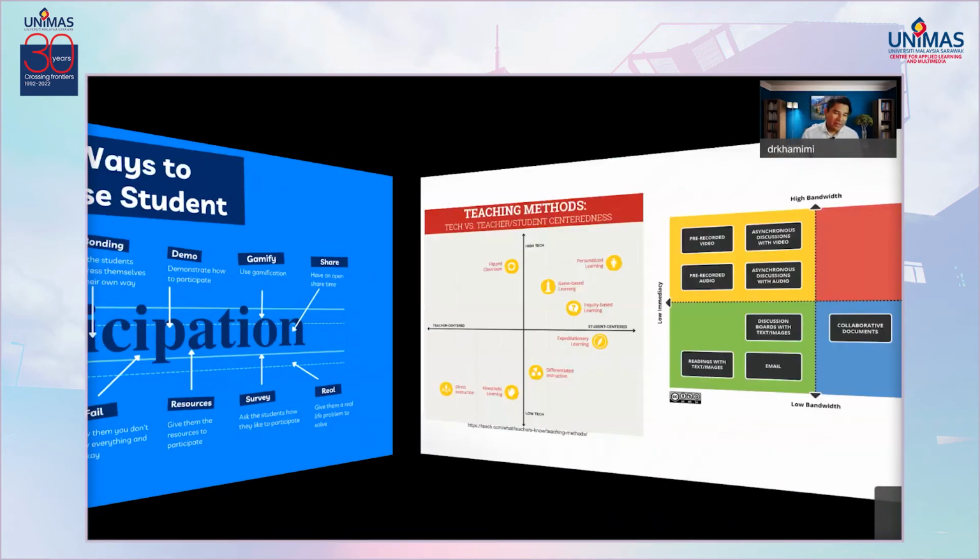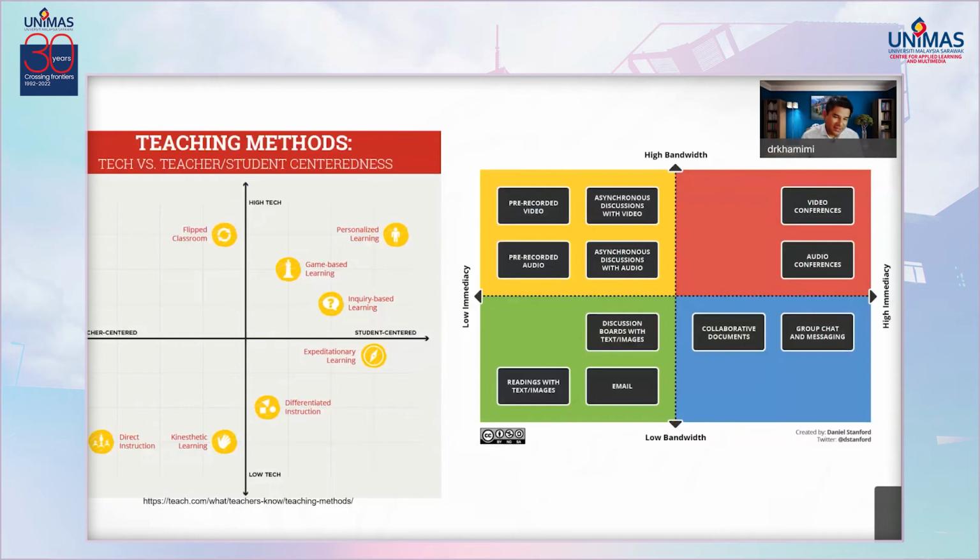Right, so the teaching method, technology versus teacher and student centeredness. On the left side, you can see it's teacher-centered. Direct instruction is still teacher-centered. Kinesthetic learning and flipped classroom are still teacher-centered. But if you have high technology, you may use the flipped classroom, though it is still between teacher-centered and student-centered.